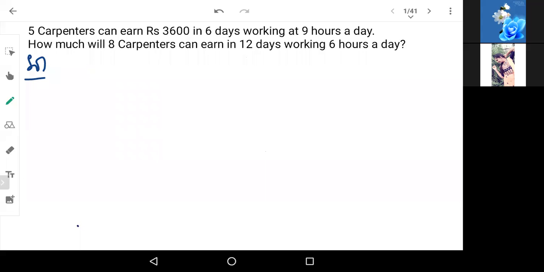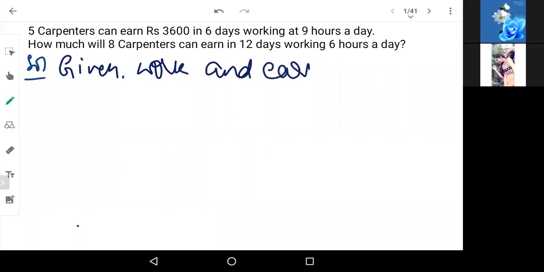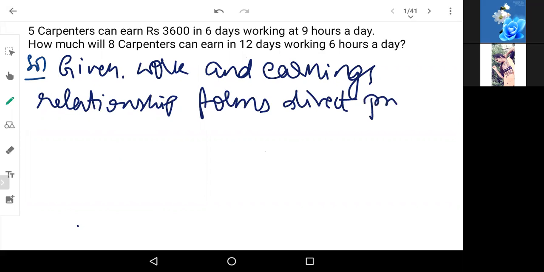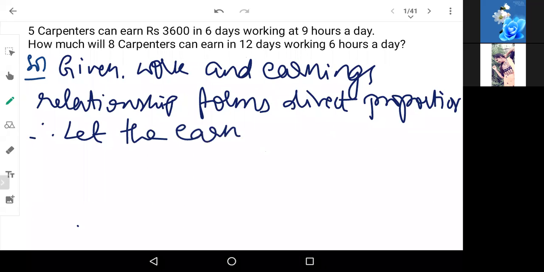Now in this direct proportion, let us define. Given work and earnings: earnings is the wages, and work is your days, time, weeks, everything included. The relationship forms a direct proportion. So therefore, what are we supposed to find?